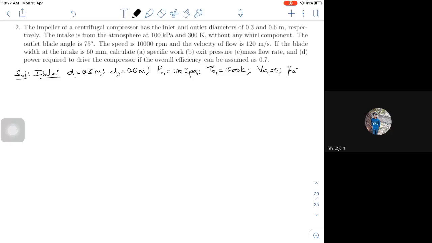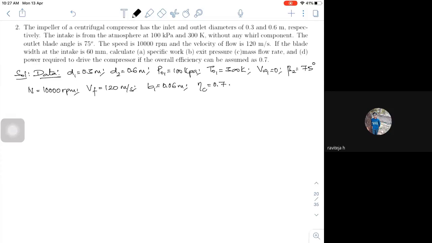Beta 2 at exit is less than 90, so it is a backward curved blade. N is equal to 10,000 RPM and my VF is 120 meters per second. The width of the blade is 60 mm, or I can write it as 0.06 meters, and my compressor efficiency is 0.7.